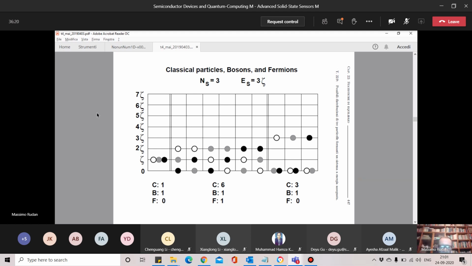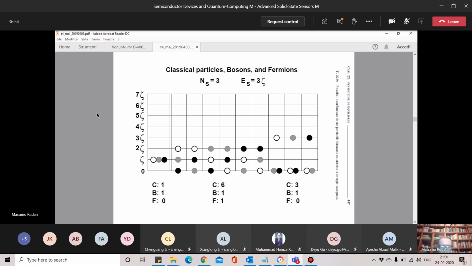So the impossibility of placing 2 fermions or more than 2 fermions in the same state goes under the name of exclusion principle, or also Pauli principle, okay? The Pauli principle applies only to the family of fermions, does not apply to the family of bosons, okay?